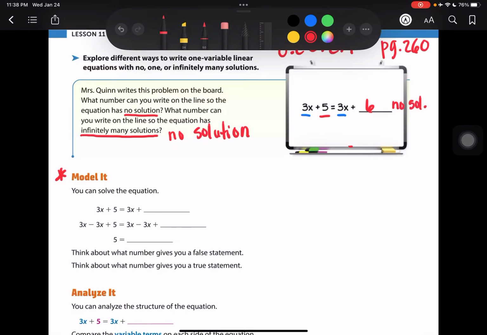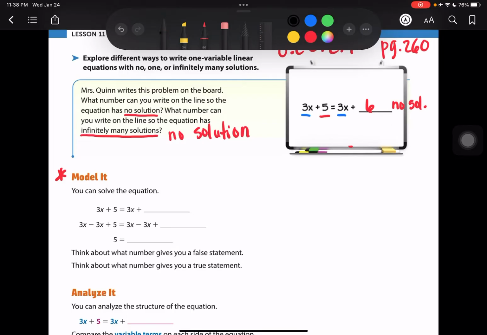Then it asks, what number can you put on the blank to have infinitely many solutions? Again, the variable coefficients, which I underlined in blue, have to be the same. But the constant term must also be the same for it to be infinitely many solutions.